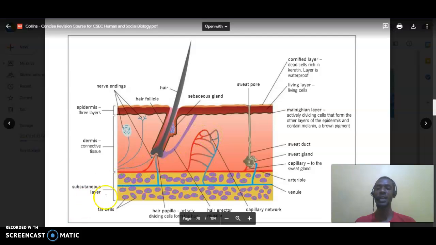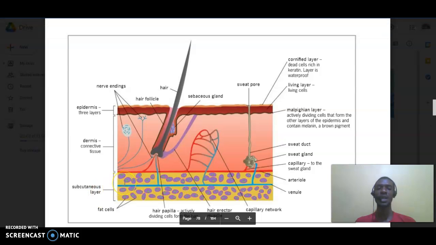And below that there is the subcutaneous layer, which mainly consists of fat cells, and fat is very important in insulation, which means maintaining and retaining body heat. So in cold temperature, the fat cells become very essential in survival as they allow for heat to be stored and retained in the body.